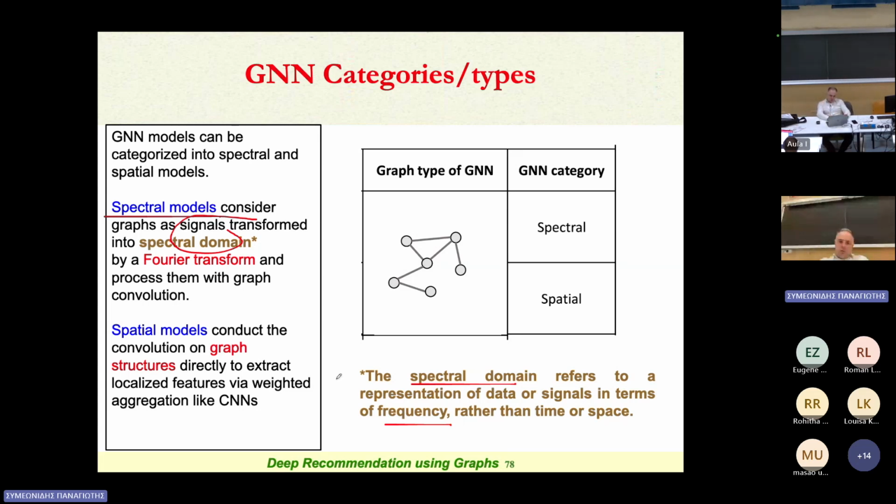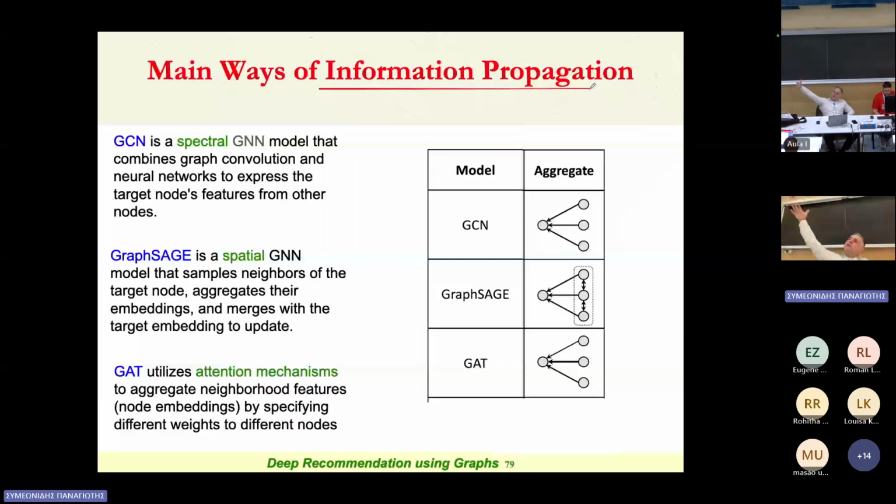And the second category, which we will use mostly in this tutorial, is the spatial models, where we operate on graph structures and we extract localized features, and we use weighted aggregation in order to express one node with the adjacent nodes of the graph. Of course, the way that this information propagates may be different, and there are different methodologies that can be used to make this feature propagation happen.